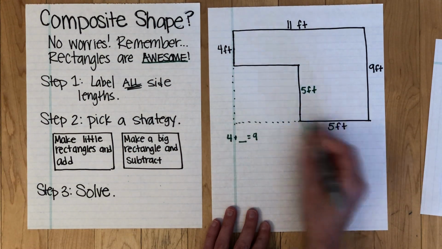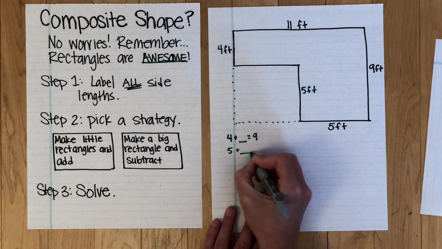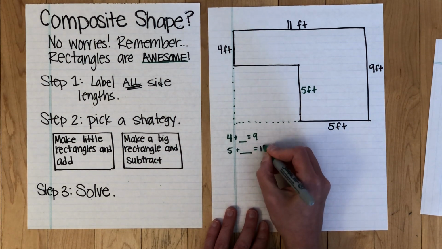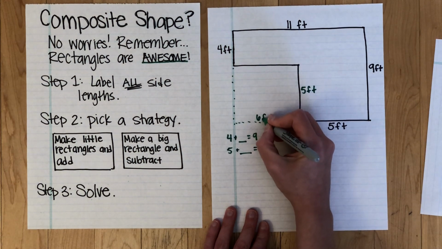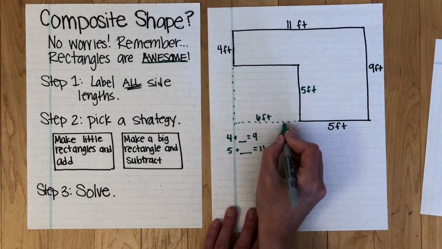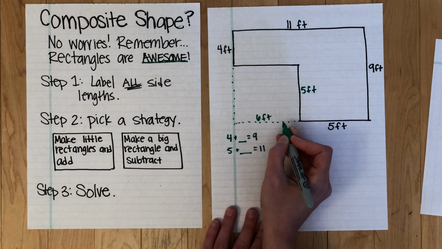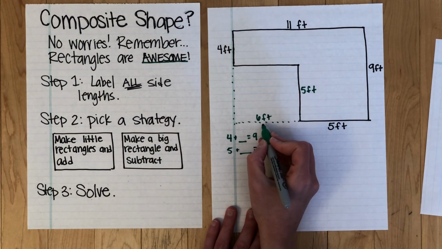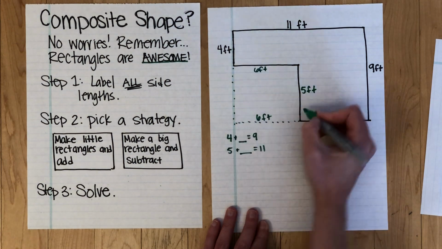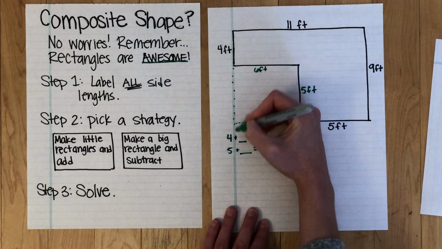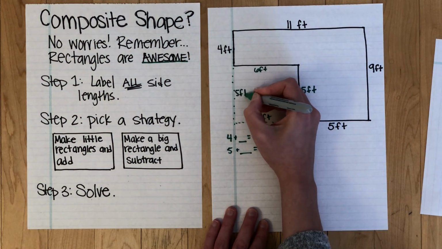So I know 5 feet is one part, plus something is going to equal 11 feet. 6. And if this part is 6 feet, because it's a rectangle and rectangles are awesome and opposite side lengths are equal, this part is 6 feet. And if this part is 5 feet, then this part is 5 feet.